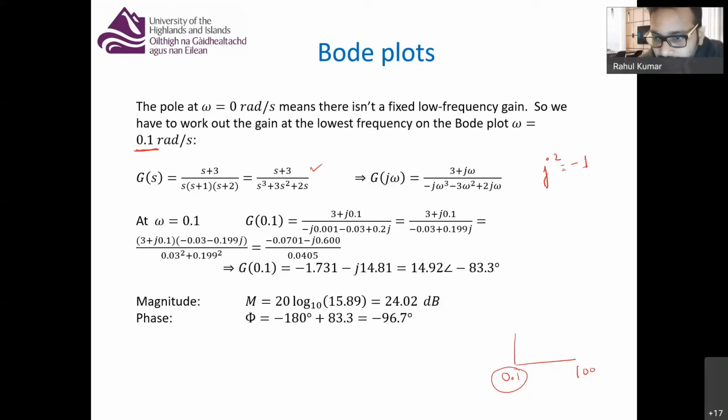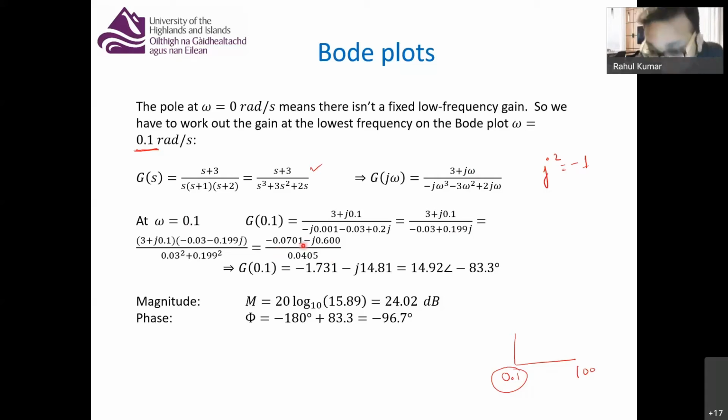Now my equation is in terms of omega, and the lowest frequency I am considering is 0.1. So I will replace omega with 0.1 here.